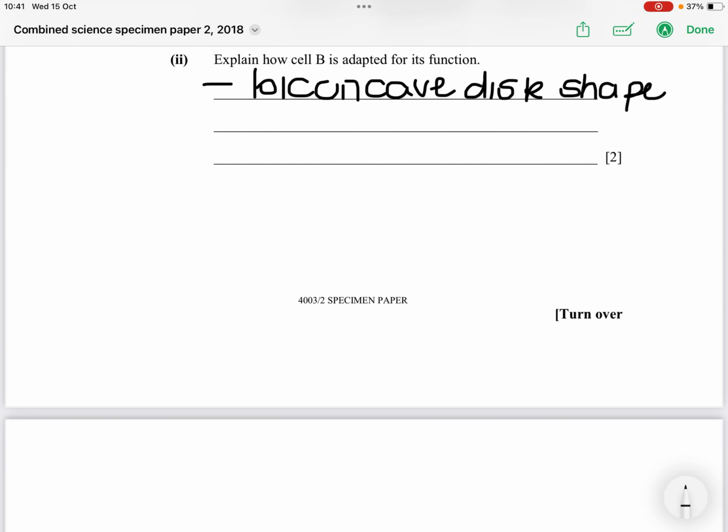So they have a biconcave shape which maximizes the surface area to absorb oxygen. It is not only about writing biconcave disc shape and you end there. You're supposed to link structure to function. So you write biconcave shape which maximizes the surface area to absorb oxygen.